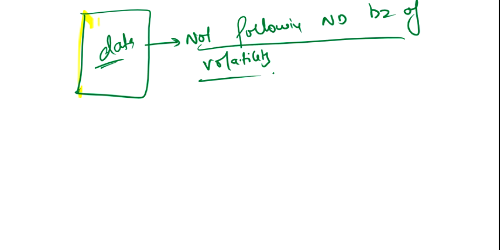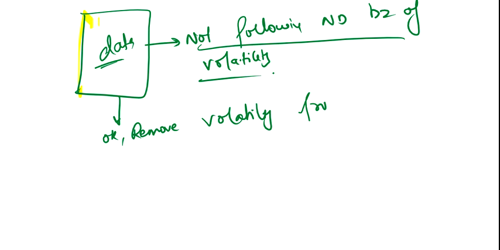So now I said okay, remove volatility from returns, whatever returns you have. Clear? So what is the way to remove the volatility? To find out the z value, that is x minus mu by sigma.